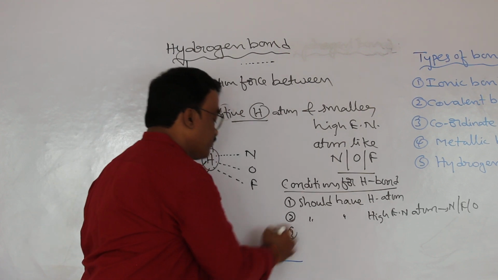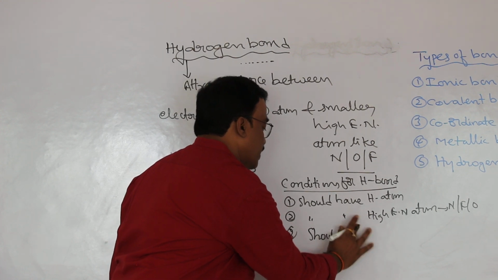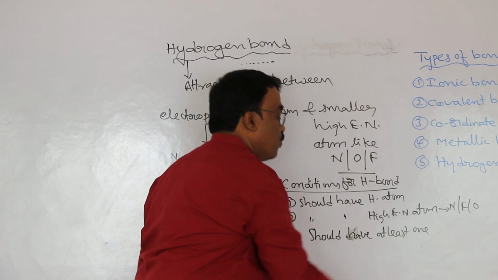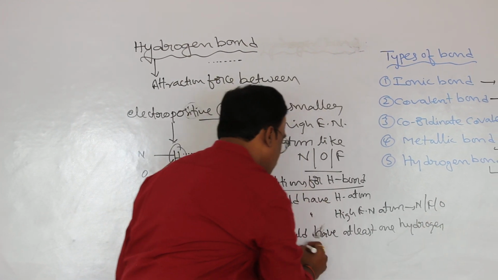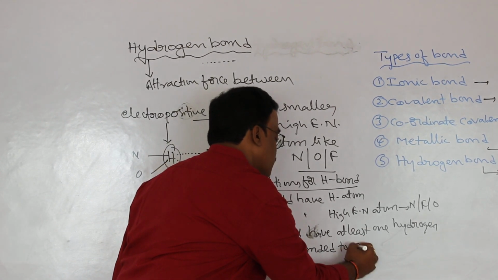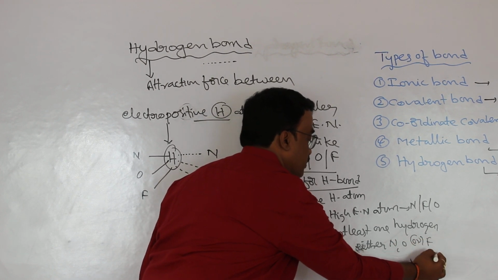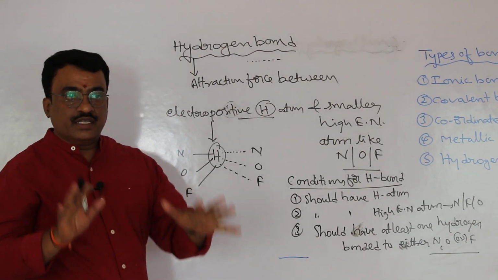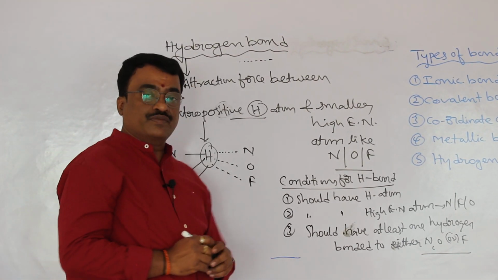And third is a must: should have at least one hydrogen bonded to either nitrogen, oxygen or fluorine. If these three conditions are satisfied, then there is a possibility of hydrogen bond in the molecule or between the molecules. Third one is a must.